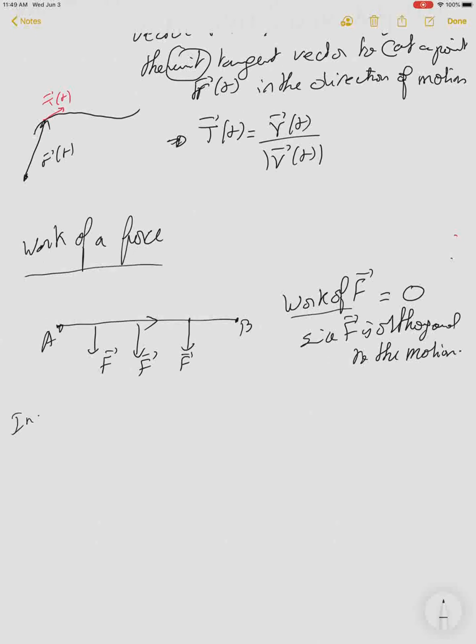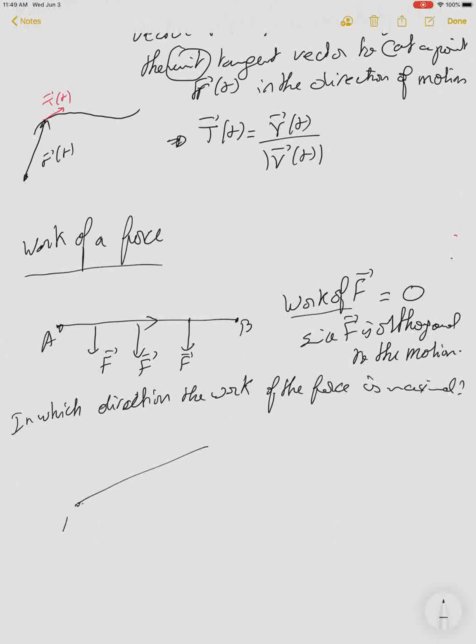Now, in which direction is the work of the force maximal? If I have a motion from A to B like this, what will be the direction of a force that contributes the most to the motion?